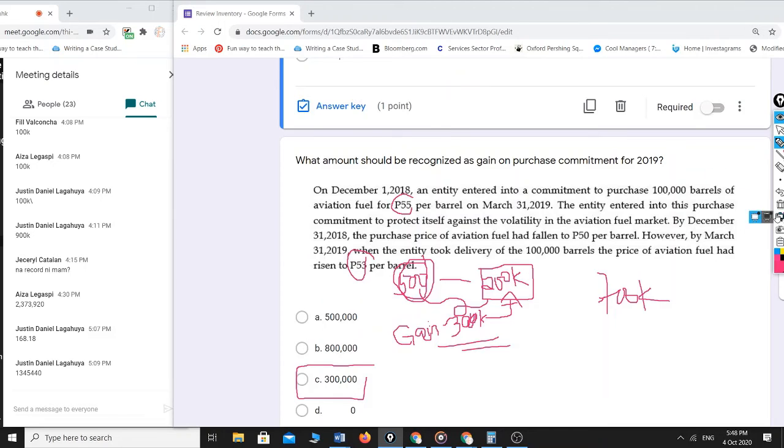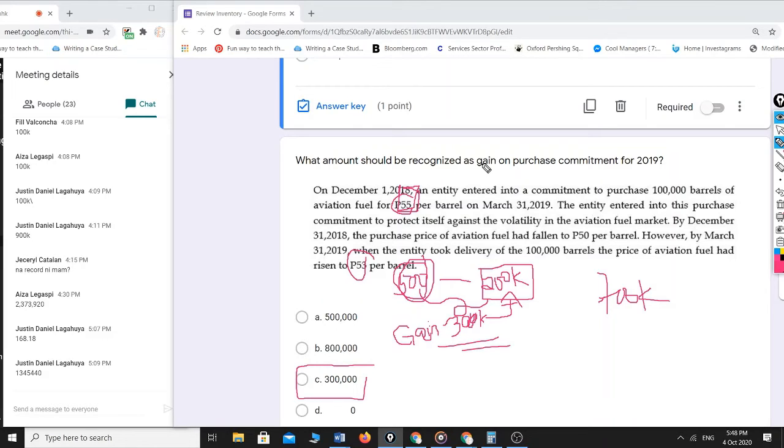Okay, next. But if the question is how much cash to pay, of course we always base on the agreed price. But if the question is how much is the purchase amount, you choose between the fixed price or market price, and then you choose the lower amount.